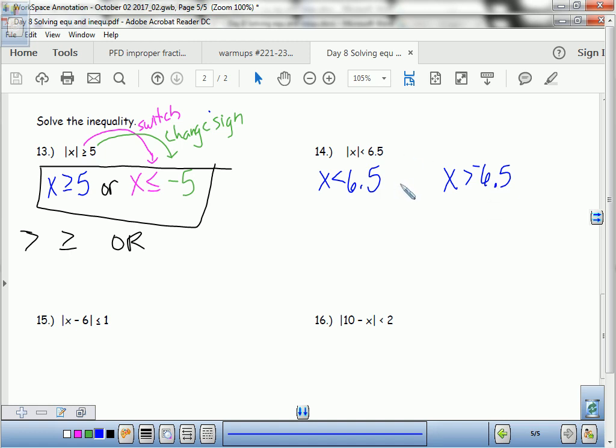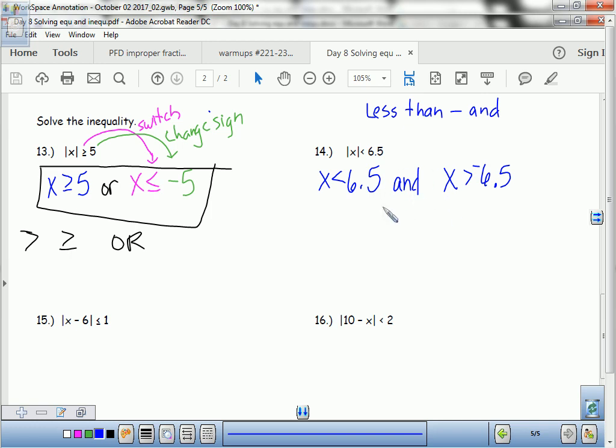Now, this is an and situation. Less than gives us an and situation. So all of our answers are less than 6.5 and greater than negative 6.5.